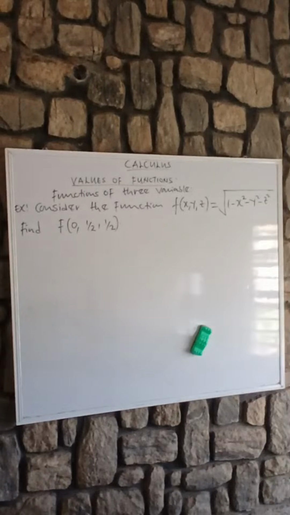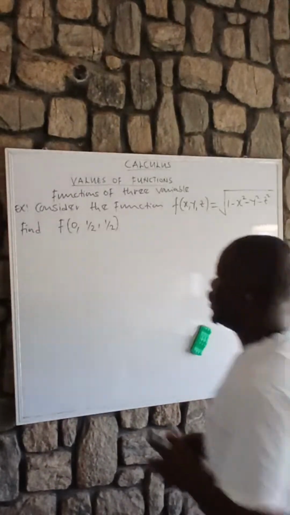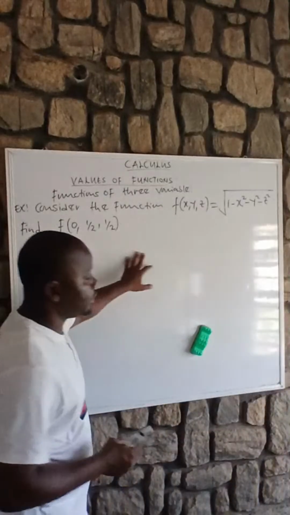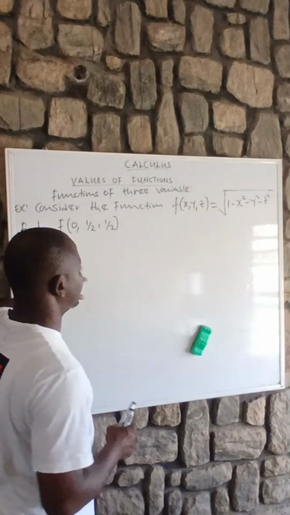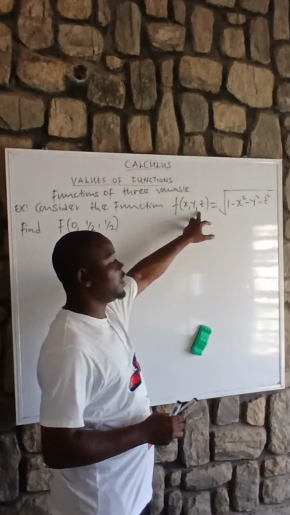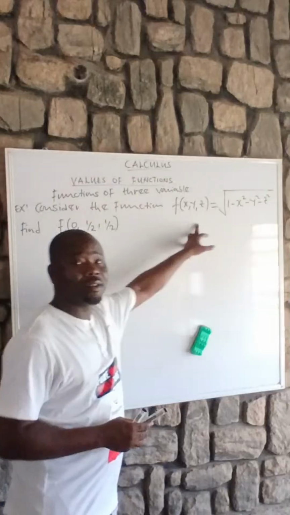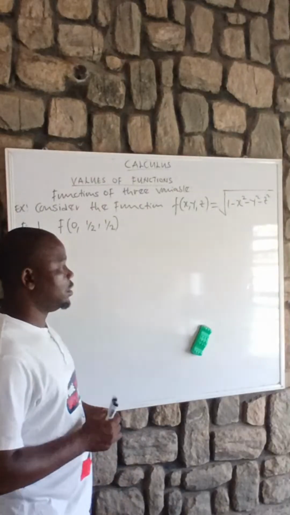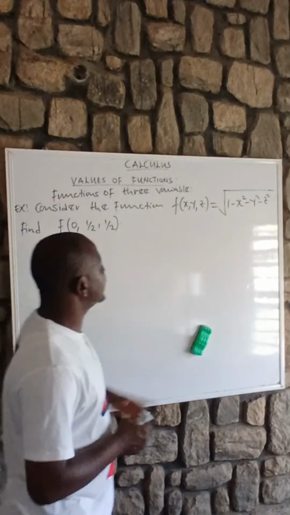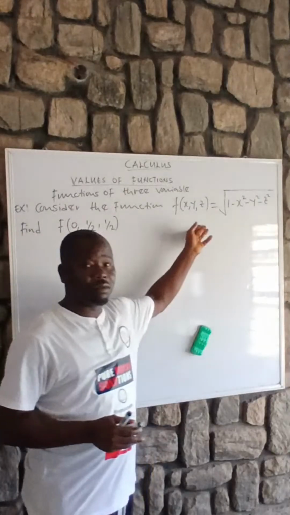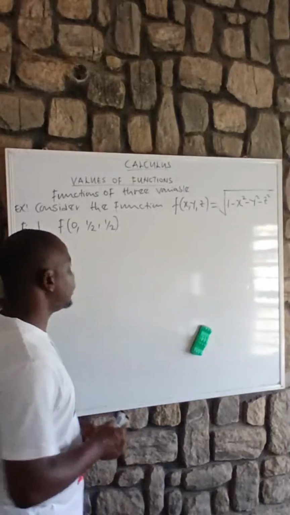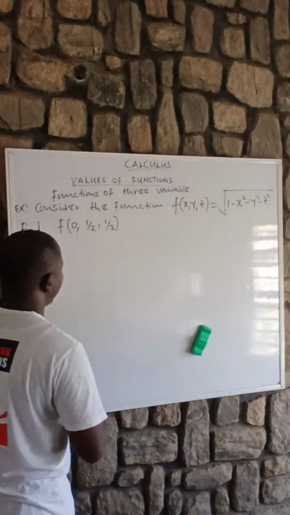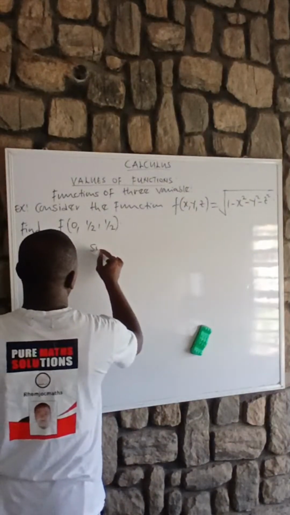So as you can see now, this is not a new thing to us, despite the fact that you are saying three variables. With the knowledge of one variable and two variables, you can solve this. So let's go ahead and begin to look at it together.